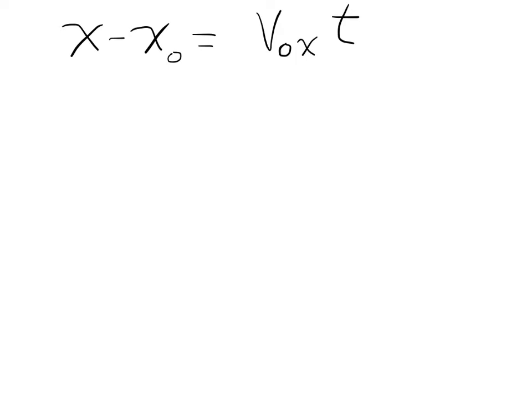Is that true for y? No, it won't be true for y. And we'll see that in a second. But, okay, so v naught x, what is that? We already discussed this.